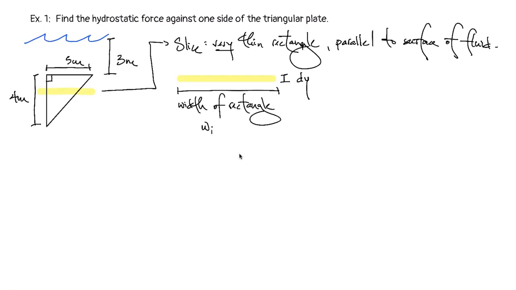So it's a lowercase w, not a capital W, so it's not work. This w stands for width. And the i represents one of a million different slices I could draw in my triangle. The i stands for a random slice. So it's the width of a random slice in my triangle.